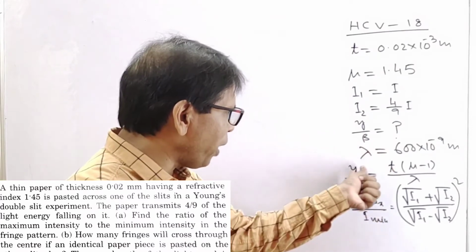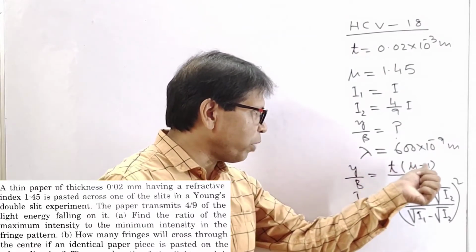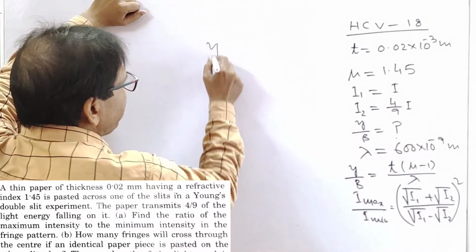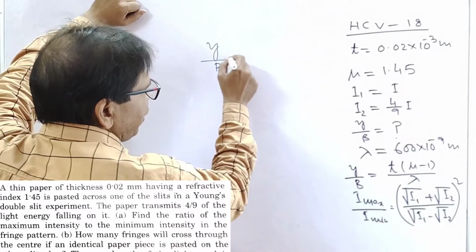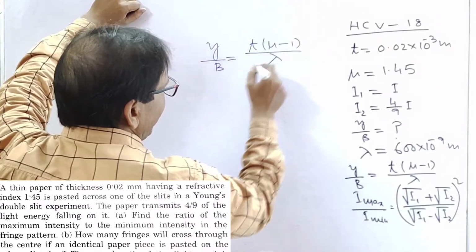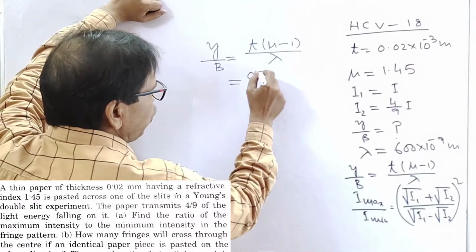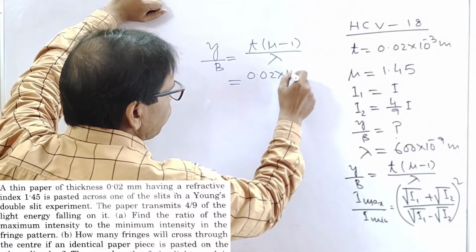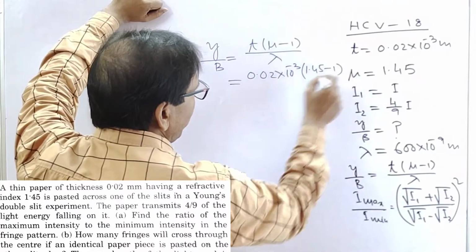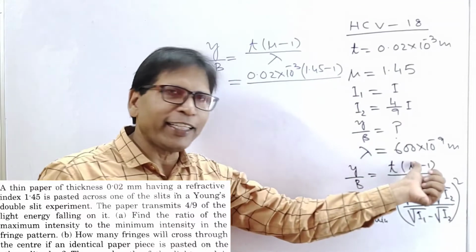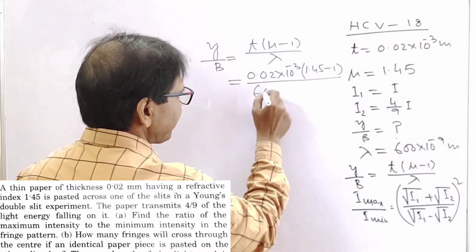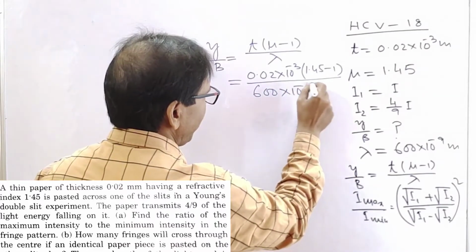So this is y by beta equals 2 into mu minus 1 by lambda. Okay, now here the number of fringes crossing the central fringe is equal to t into mu minus 1 divided by lambda. So this is 0.02 into 10 to the power minus 3, and this is 1.45 minus 1 divided by lambda, which is 600 nanometer. So this is 600 into 10 to the power minus 9.